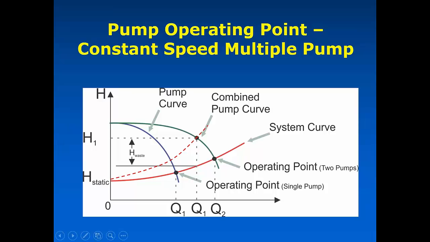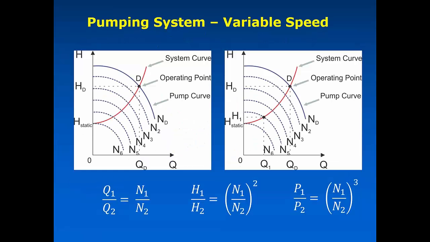But the problem still exists in the sense that if I have to move to a point that's farther away from that design, then there is going to be that difference between the operating head that the pump is going to provide and what the system will require. And so you still have a bit of wasted head there. Although it might be less than if you were doing it, of course, with a single pump.